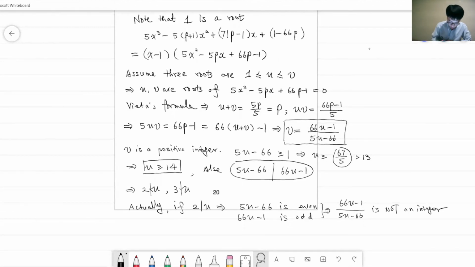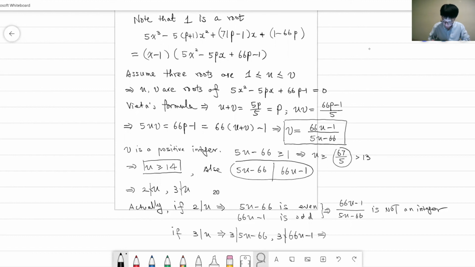And next, if 3 divides u, we can use a similar reason. First we know that 5u minus 66 is a multiple of 3. So 3 divides this number. On the other hand, 66u minus 1 is not a multiple of 3.